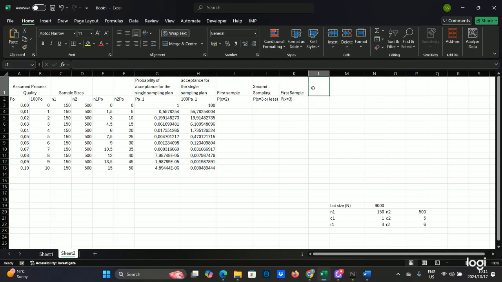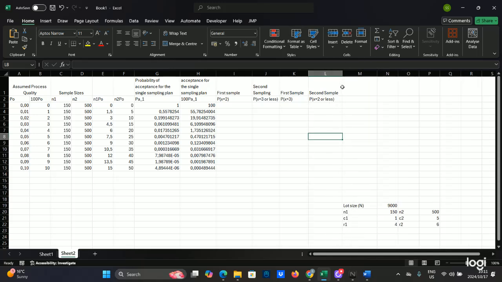And then in the second sample, they find the probability of x equals 2 or less. Then you have to calculate these probabilities so that you can get your percentage of acceptance for the double sampling plan.